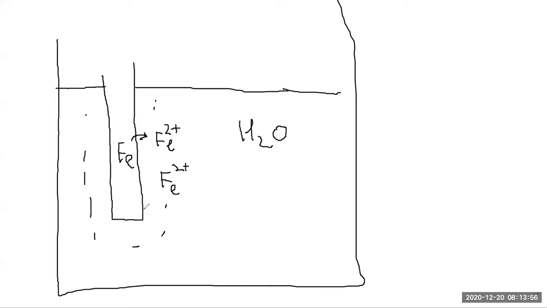And at equilibrium, the density of these ions in this coat achieves some equilibrium density where the rate of escape of iron ions and the rate of return are the same.